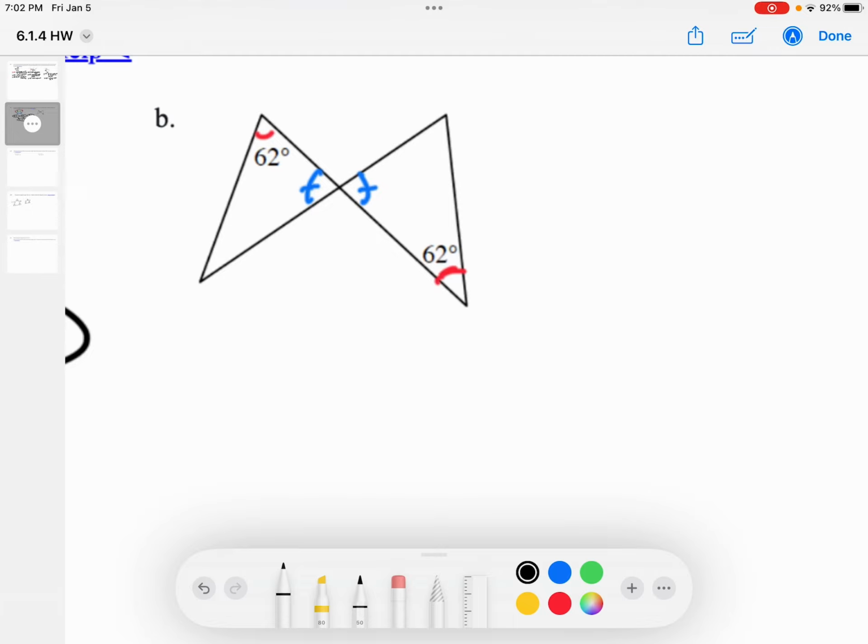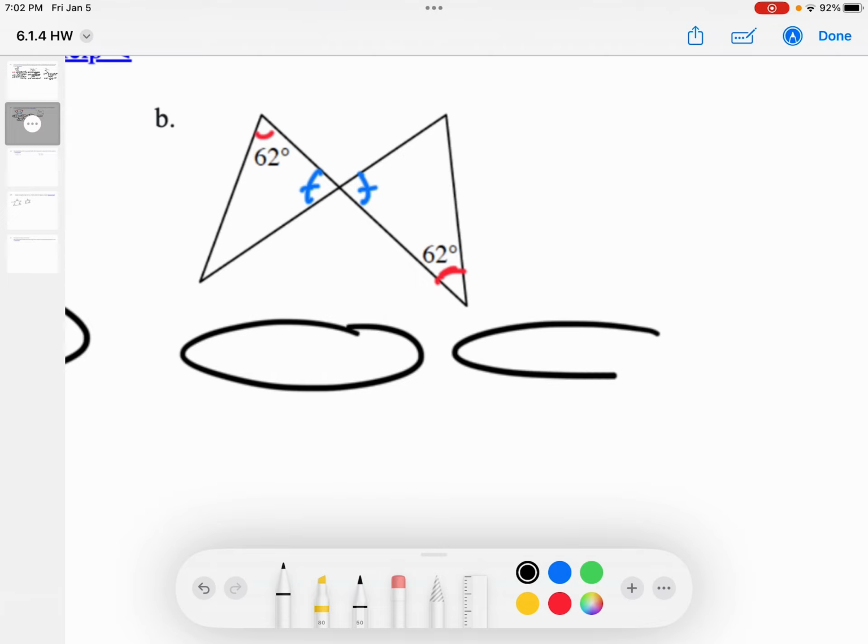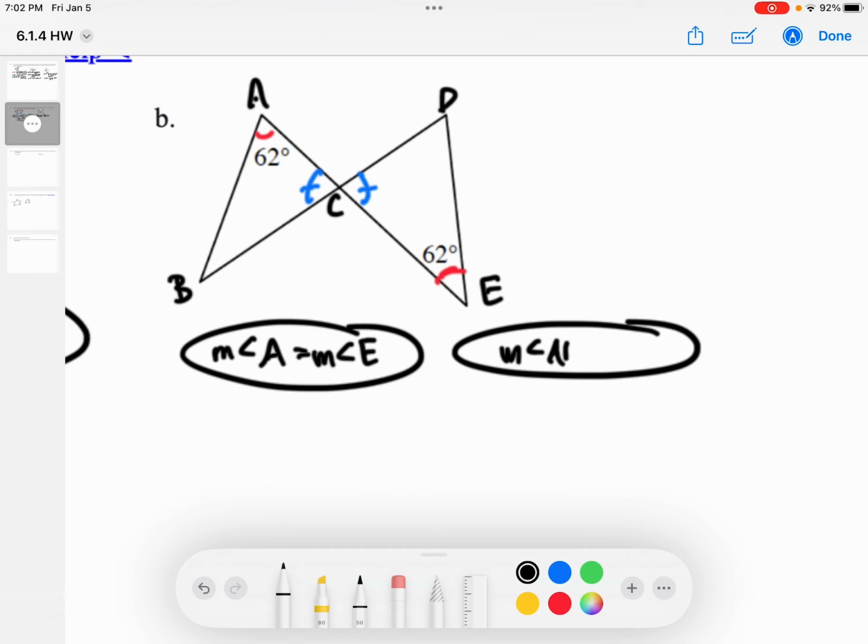So we're going to have two bubbles. And we could say, let's maybe label these to make our lives easier. A, B, C. And we'll call this D and E. And we could say the measure of angle A is equal to the measure of angle E. And the measure of angle ABC is equal to the measure of angle DCE.